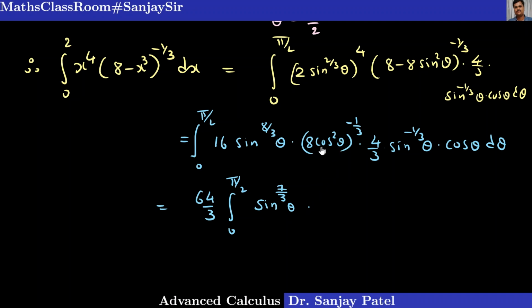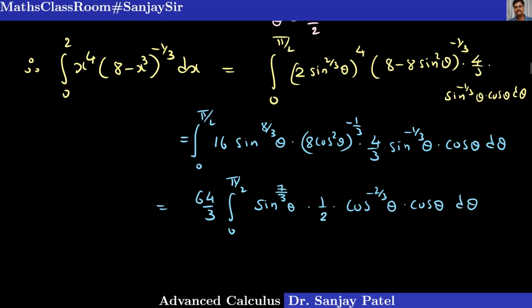8 raised to minus 1 by 3 is 1 upon 8 raised to 1 by 3, so it is 1 upon 2. And cos raised to minus 2 by 3, and let me write like this, one more step, into cos theta d theta.